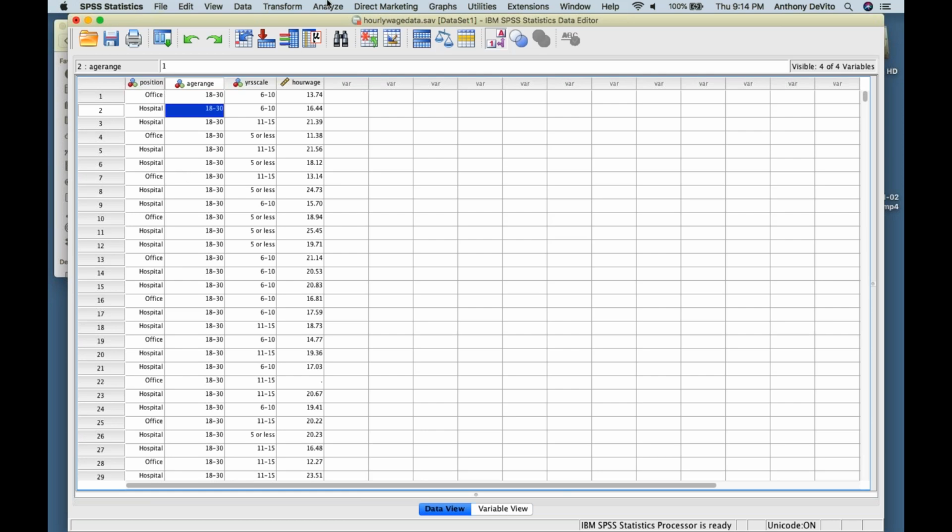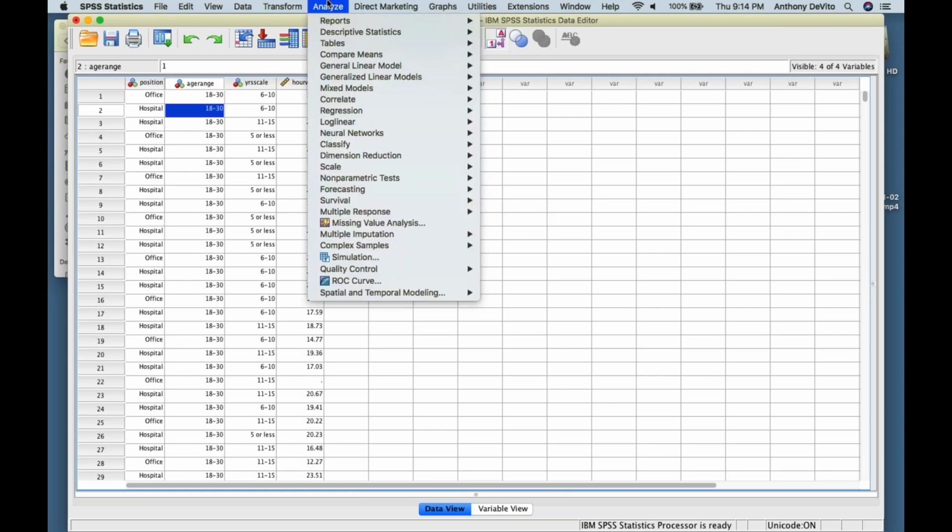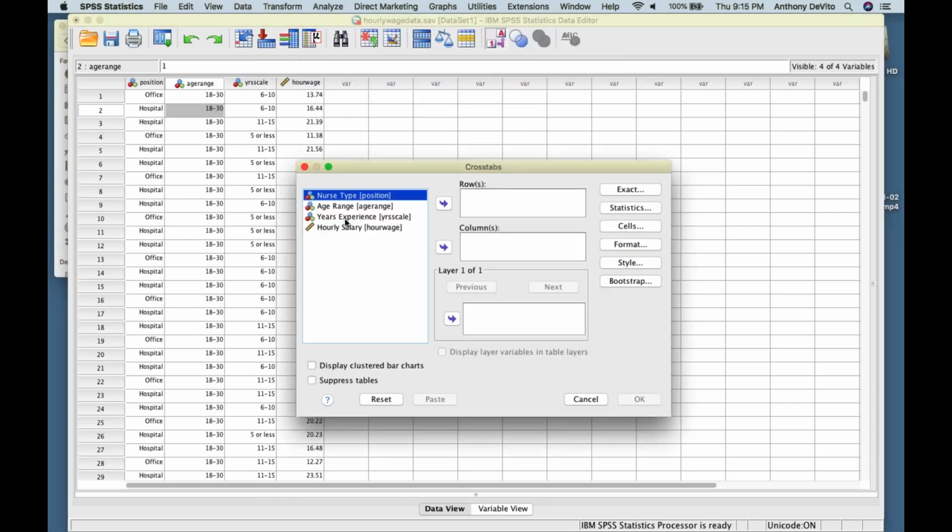So I'm going to go up here to Analyze, Descriptive Statistics, and Crosstabs, because I need to organize the data first. And I'm going to put the nursing type in the rows, and the age range in the columns.